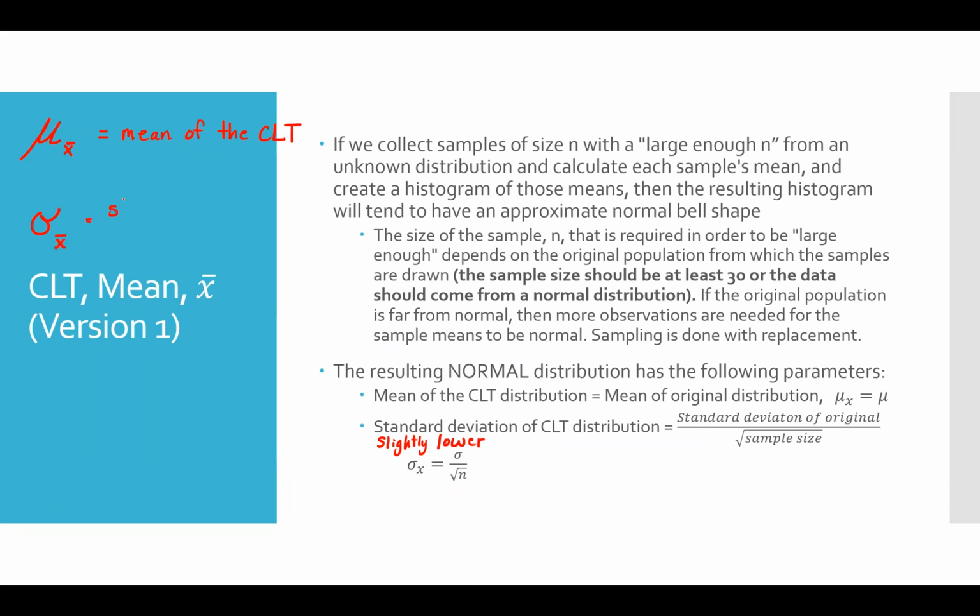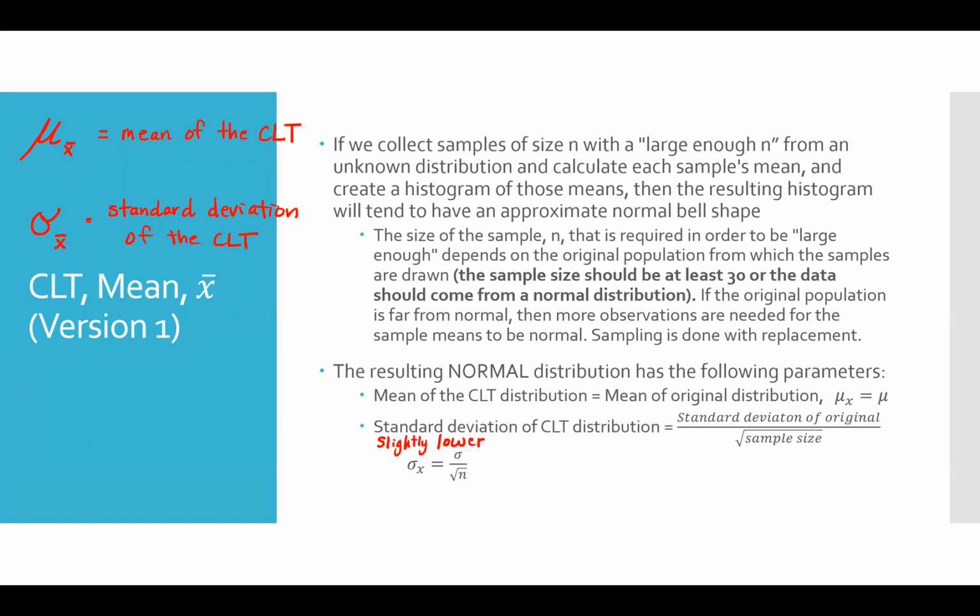Again, that lets me know that we've applied the central limit theorem. So whenever you see that notation, that lets you know that we've applied the central limit theorem and we've applied the version related to the means. But typically the standard deviation for the central limit distribution is lower. And if you think about it, that should make sense.